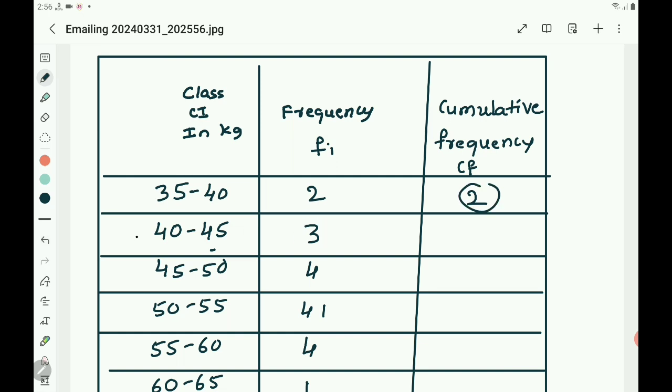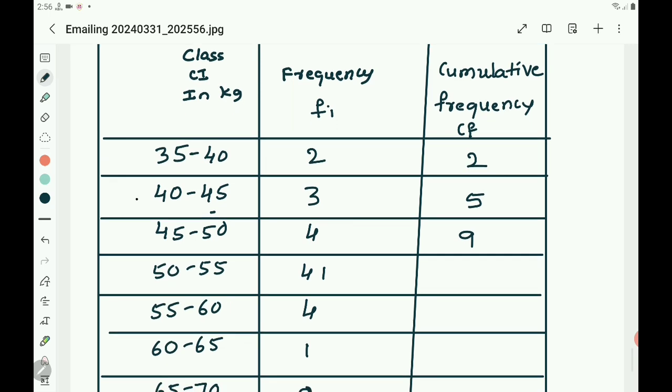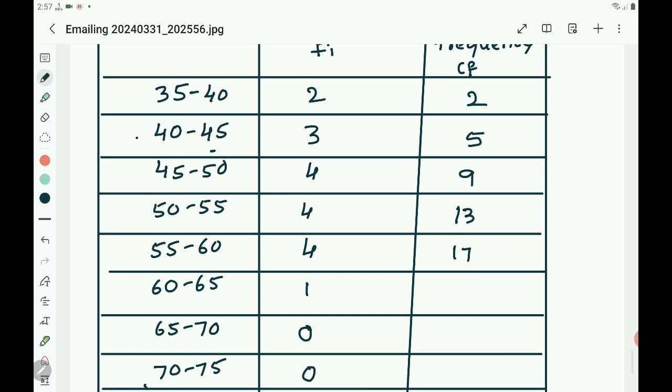So next what you have to write? 2 plus 3 is equals to 5. The next CF is 5. Next, from 35 to 50. That is 5 plus 4, 9. Next, 35 to 55. That is 9 plus 4, 13. Next, 35 to 60. That is 13 plus 4, 17. Then 35 to 65.